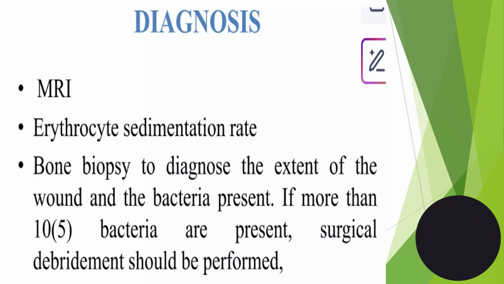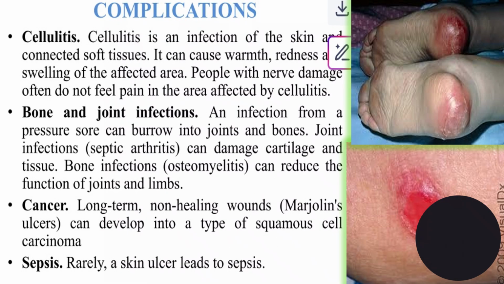Erythrocyte sedimentation rate helps confirm the infection in a person. Bone biopsy diagnoses the extent of the wound and the bacteria present. If there are more than 10 bacteria, we go with surgical debridement and need to improve the health of the person. Next is the complications of pressure injury.